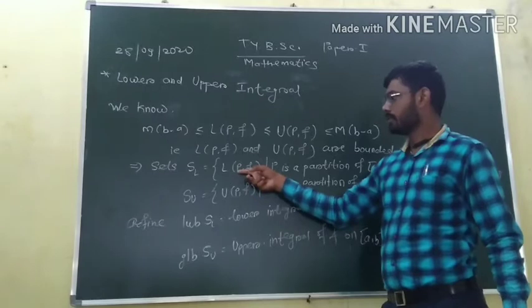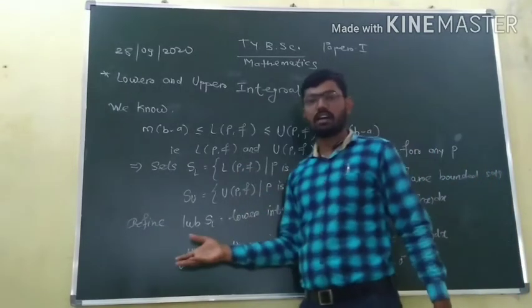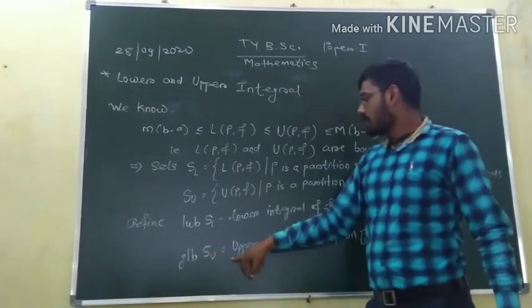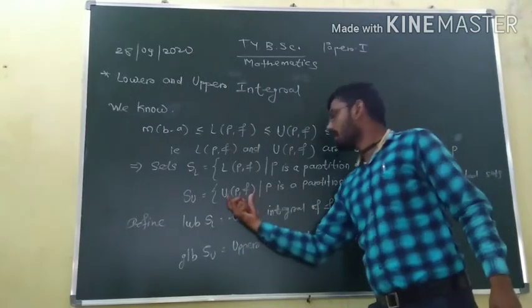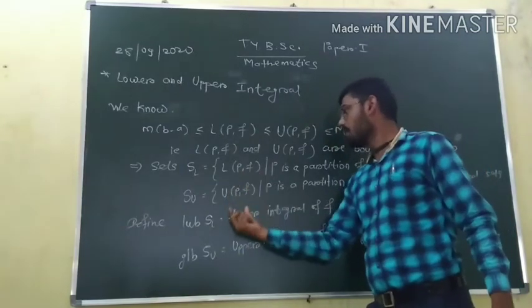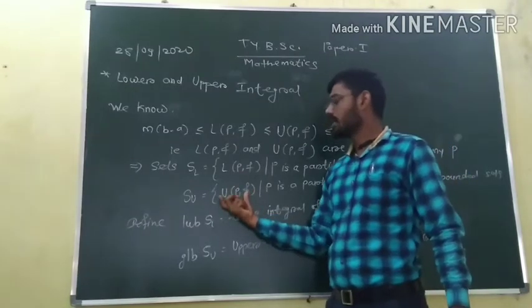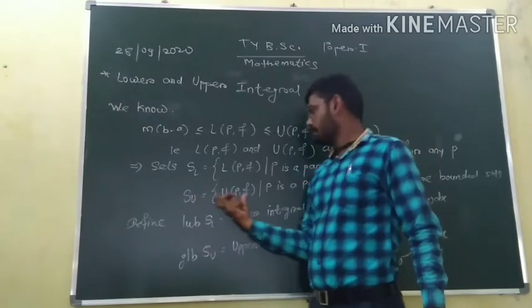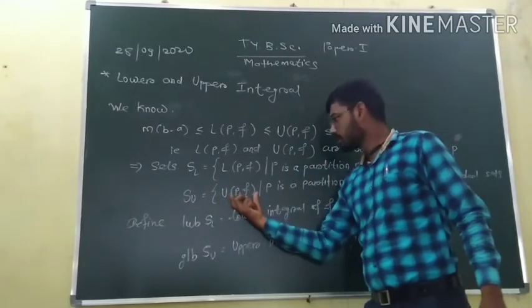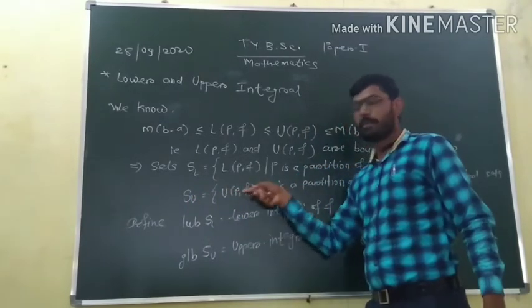partition P. Similarly we have defined another term, that is the upper integral, which is nothing but the greatest lower bound of the set of upper sums. See this set of all upper sums.